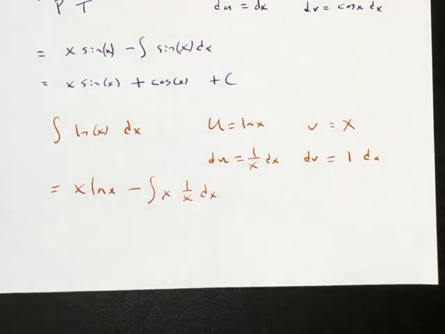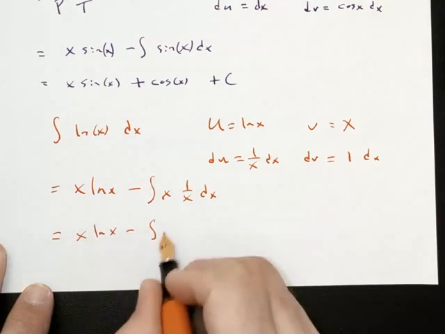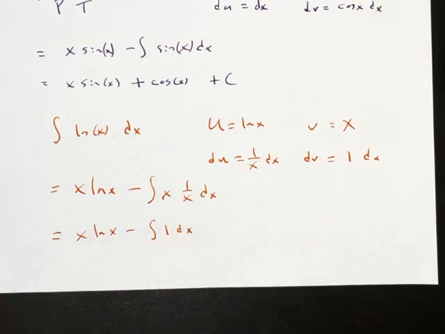And what wonderful thing happens to me? Do the multiplying. What's x times 1 over x? 1. Oh, you sneaky person, you give me an integral that is easier on the other side.